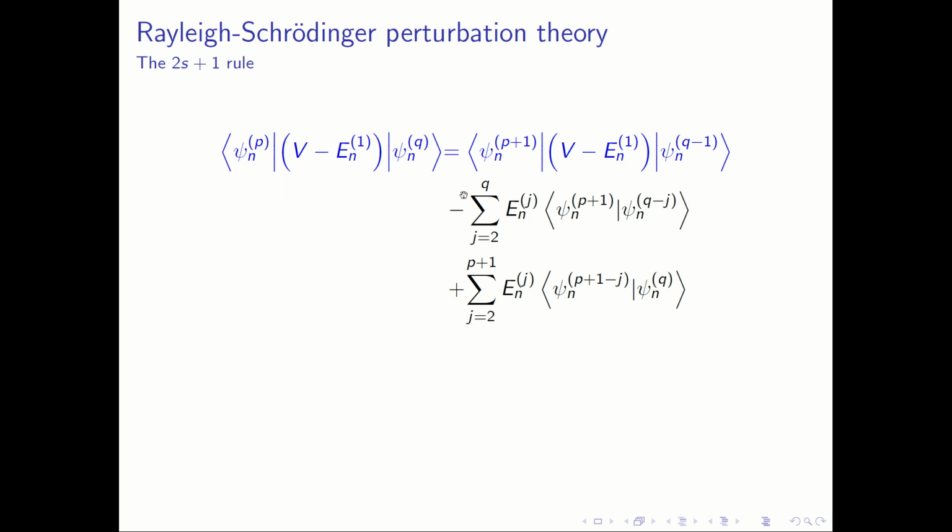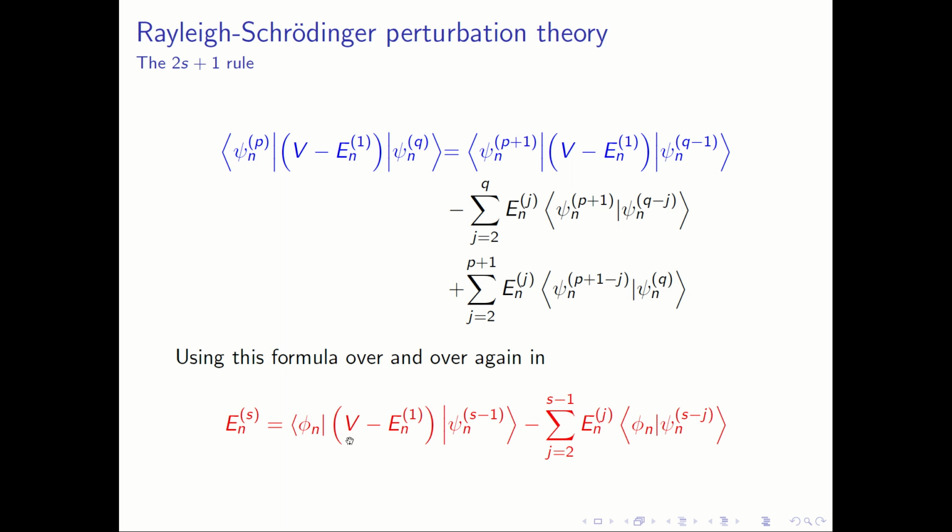The pq matrix element of V minus E_n^1 happens to be related to the (p plus 1, q minus 1) matrix element of V minus E_n^1 with these additional terms. And if we repeatedly use this over and over again, remember phi_n is psi_n^0, we are going to end up with this 2s plus 1 rule that we have been talking about.